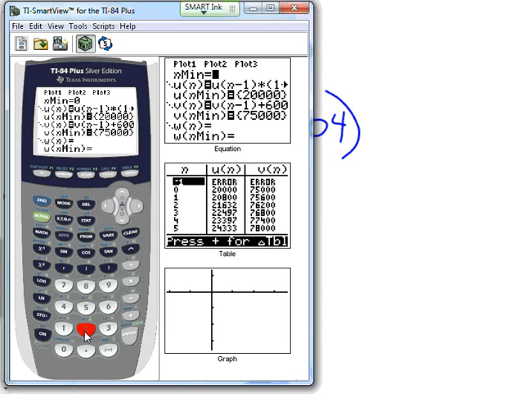Either way, you start with $20,000. You see how I can compare it? It's just like on your y equals screen. In your y equals screen, there's y sub 1 and y sub 2 and y sub 3, so you can compare a bunch of equations. This is comparing a bunch of sequences. The u sequence, the v sequence, and if we really wanted to go crazy, we could do the w sequence. But we're not going to. We're just going to compare two.